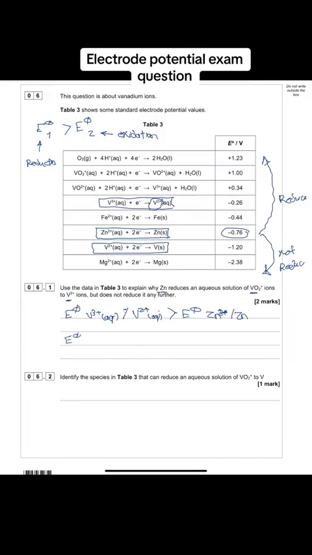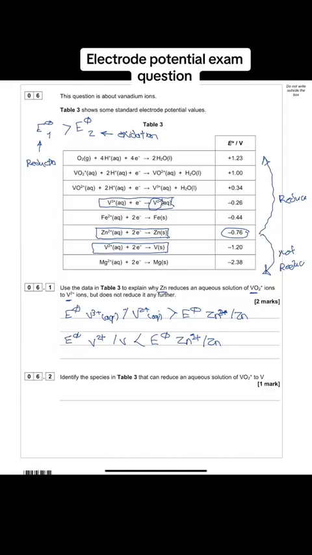However, the standard electrode potential for V2+ to vanadium is less than the standard electrode potential for Zn2+ to zinc. So in this reaction, zinc 2+ is the one that is going to be reduced, and the vanadium is the one that is going to be oxidized, but not the other way around.